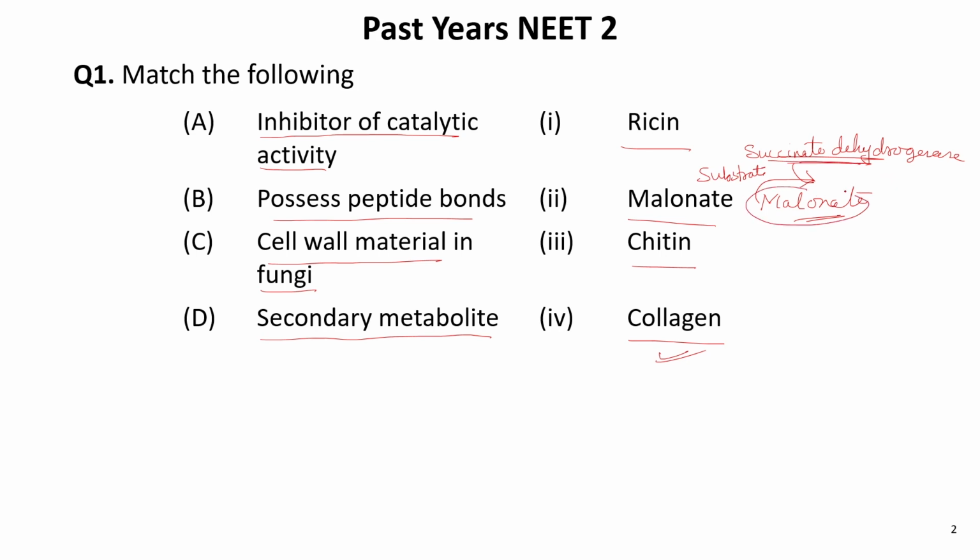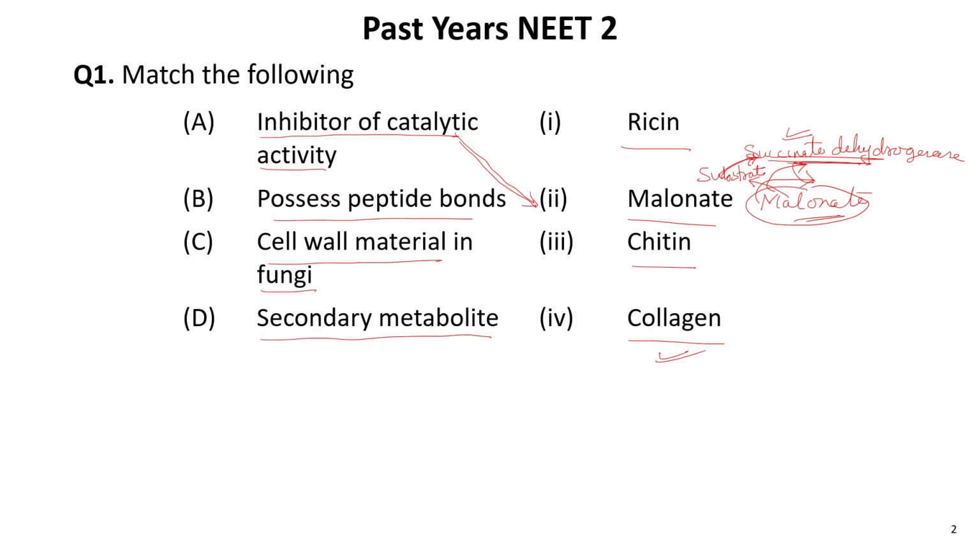So when this malonate, which totally resembles succinate, gets attached to the succinate dehydrogenase, at that particular active site of succinate dehydrogenase the substrate could not get attached. And it inhibits the catalytic activity of succinate dehydrogenase. So the first match for the inhibitor of catalytic activity is malonate. It is given in the NCERT.